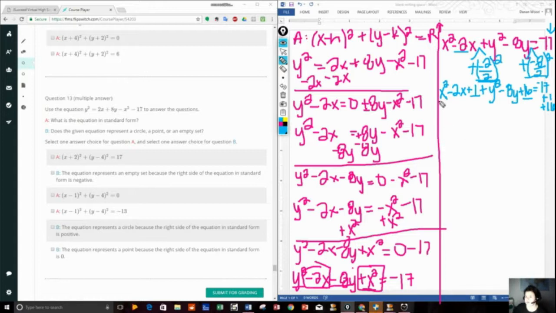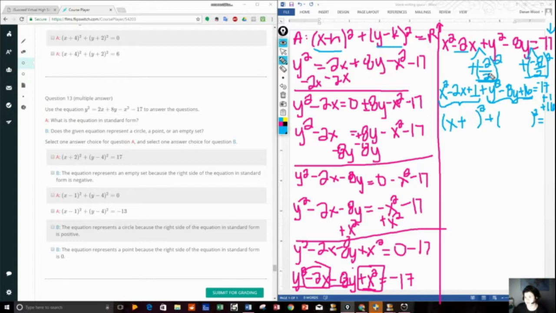The next thing we need to do, since this is my x squared, x and a constant, that's going to form one perfect square. Since this is my y squared, y and a constant, that's going to form the other perfect square in our standard form. If you had paid attention throughout the lesson, we would have x plus b halves.